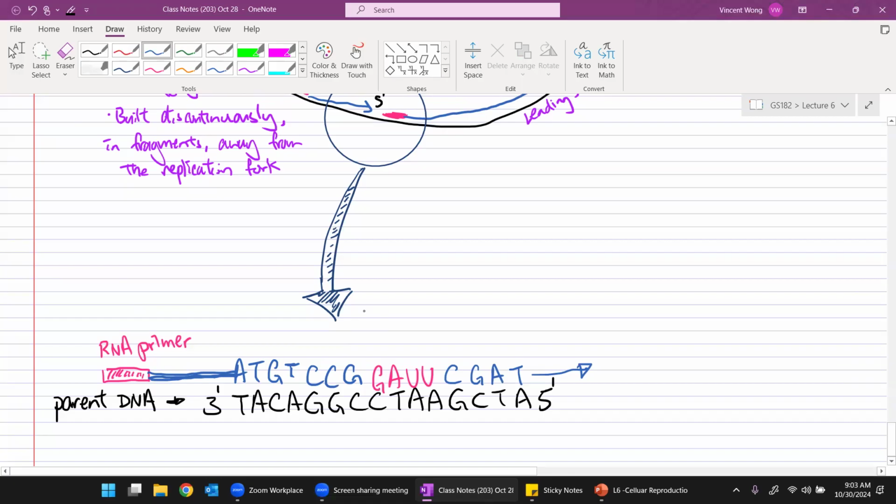When it gets to the primer, that's ahead of it because the primer was laid down before, right? So when it gets to the primer, then it falls off. Okay? So number 3 is gonna fall off, and then it's gonna call DNA polymerase 1 to come over. The number 1 will take over, and then it will cut away the RNA primer and replace it with DNA.